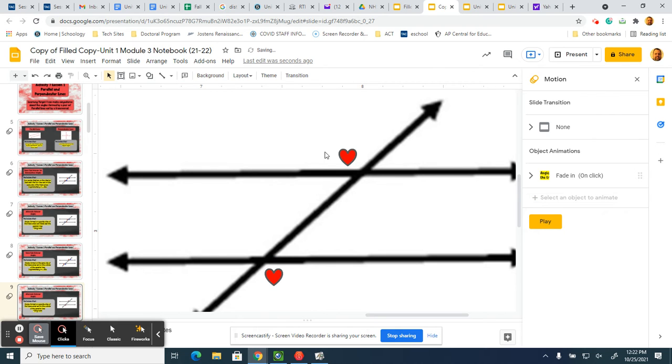So this is on different sides of the transversal and outside. And then let's do the other set right there. So alternate exterior angles.